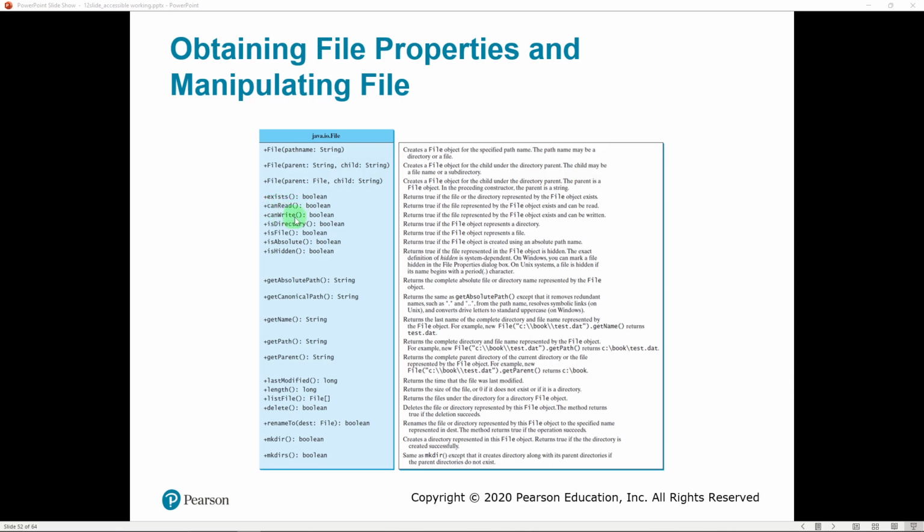Can I write the file? Is the file actually a file? Is it a hidden file? Where is it on my computer? Give me the absolute path. Get the name of the file, get the path, get the parent. There's all kinds of things. We'll see a couple examples of those coming up in a second. This is probably way more information than you need starting out.